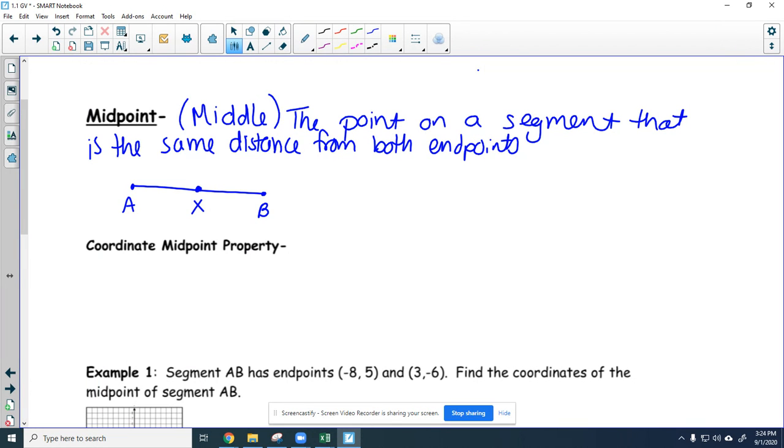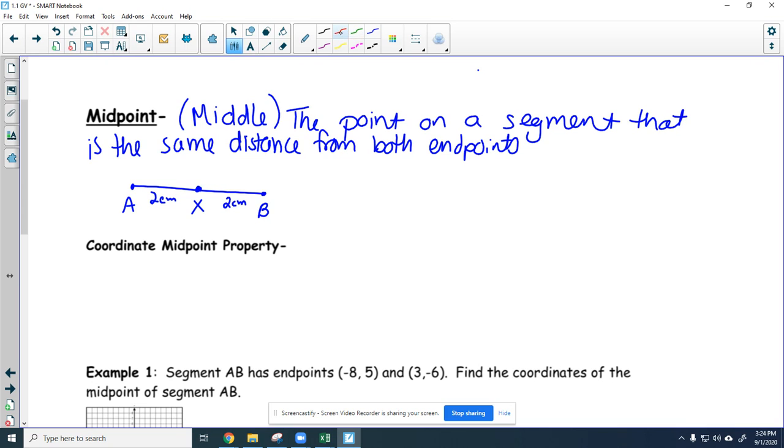Now that drawing as it stands is not good enough to show that that's the midpoint. So you've got to do one of two things. Option one, you could do something like, oh, this is 2 centimeters and this is 2 centimeters. So that shows that X is the same distance from A and from B. So that would fit the definition of a midpoint.